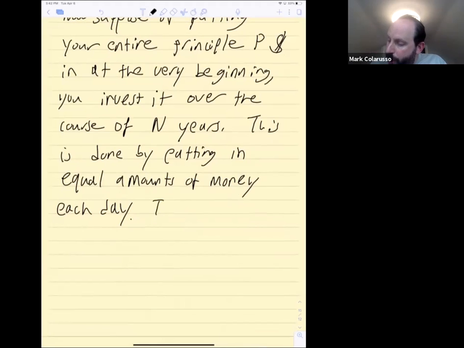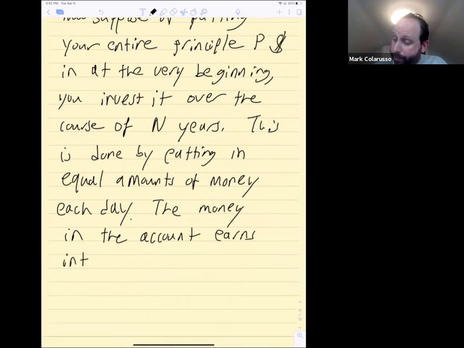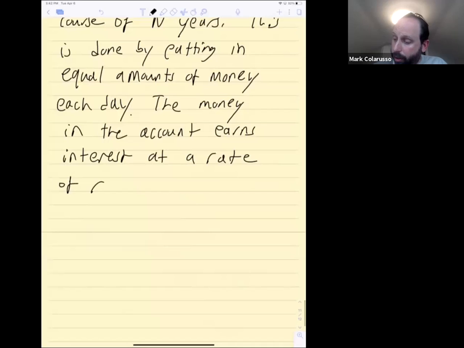And then the money in the account earns interest at a rate of R% compounded continuously.